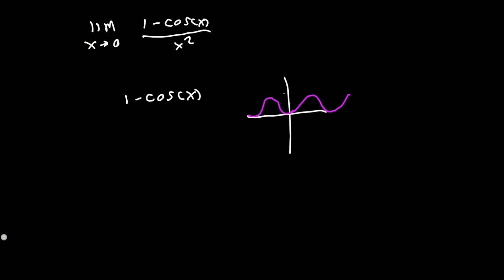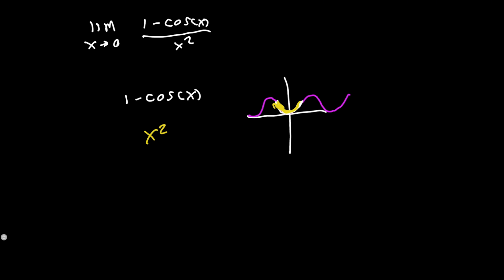What we're going to look at mainly is this parabolic-like shape. This tells us that 1 minus cosine of x is basically some function, the yellow portion right here, of something times x squared.